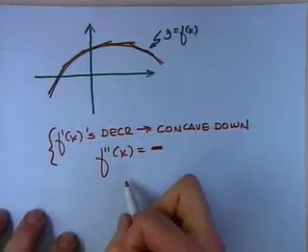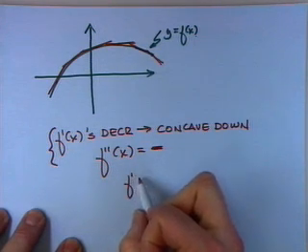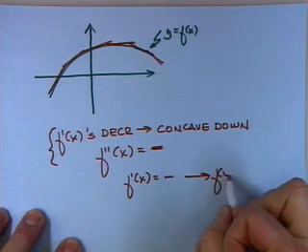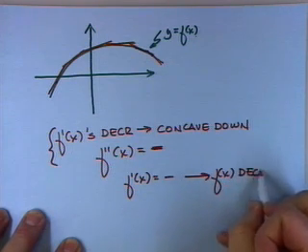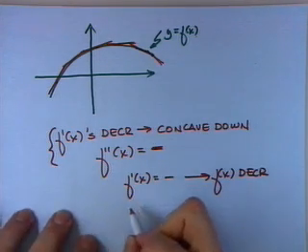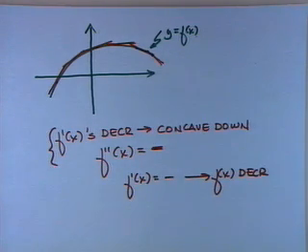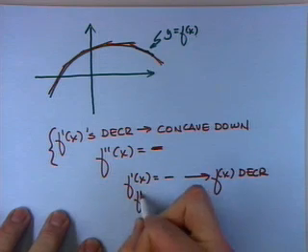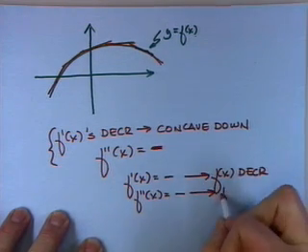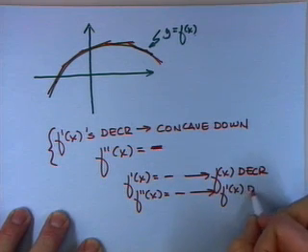Here's what I said I would write down. So we had this, where the derivative was negative, the function was decreasing. Now I'll just put a little extra prime mark on each side. Now if the second derivative is negative, the derivatives are decreasing.